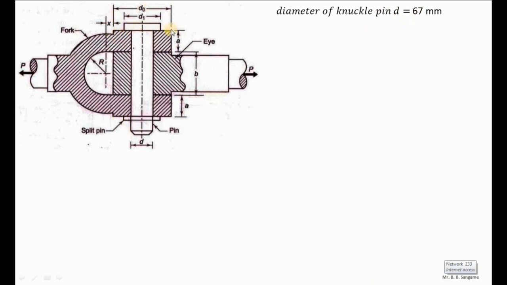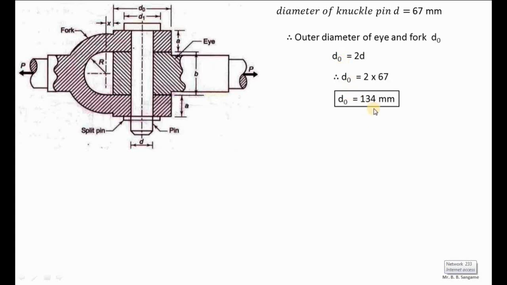As we know, the outer diameter of the eye has a circular shape, with diameter do. It is twice the inner diameter of the eye, or twice the diameter of the pin. So the outer diameter do is equal to 2d. It will be 134 mm as per the calculation. Here we have calculated the outer diameter of the eye and fork. Next, let us calculate the diameter of the pin head d1.